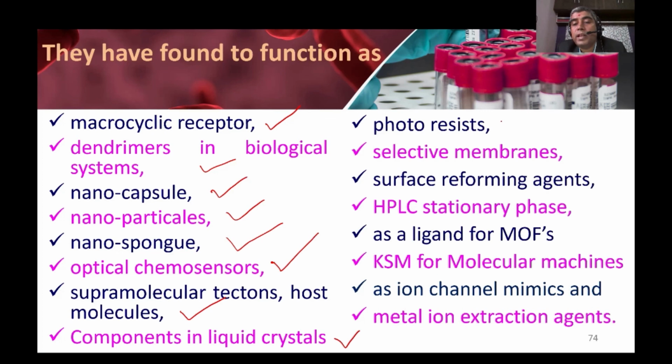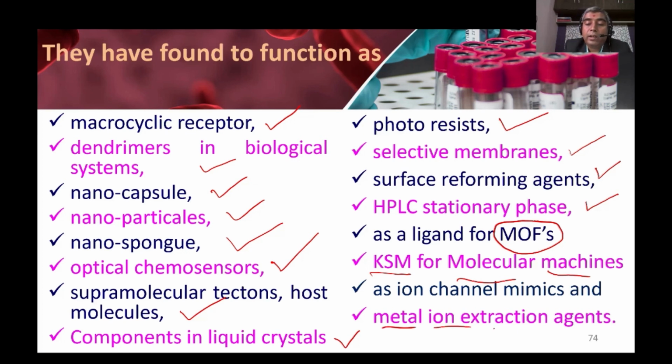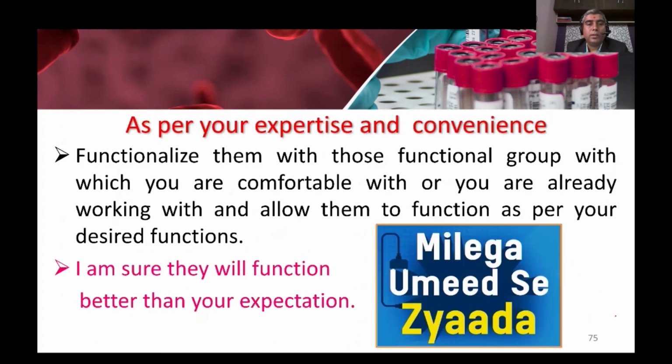It functions as photoresist material in selective membranes and as surface reforming agents. It is used as an HPLC stationary phase and as ligands for MOFs, meaning metal organic frameworks. It is a key starting material for molecular machines, ion channel mimics, and metal ion extraction agents. So these are the many uses of these supramolecular compounds.